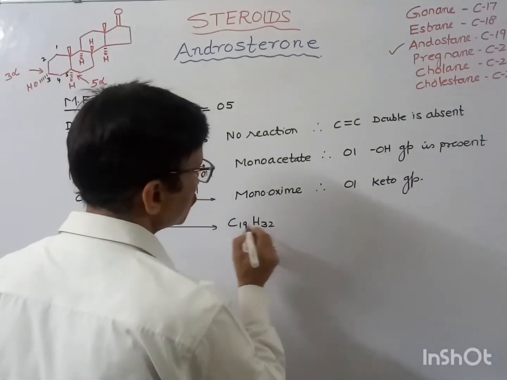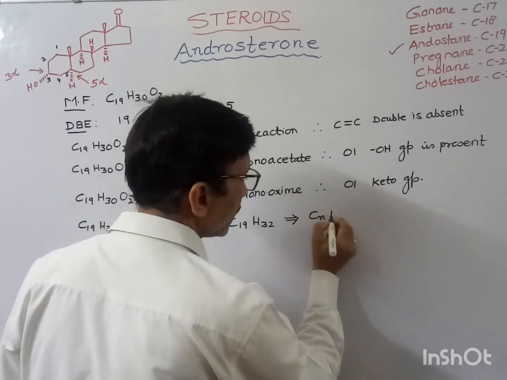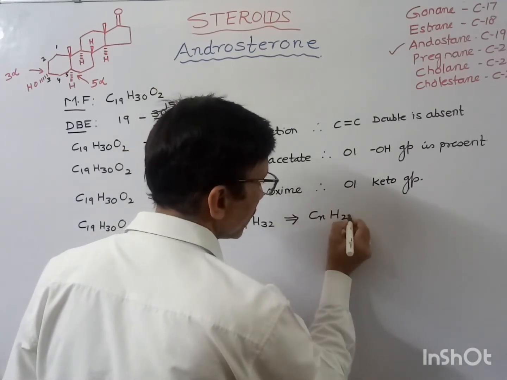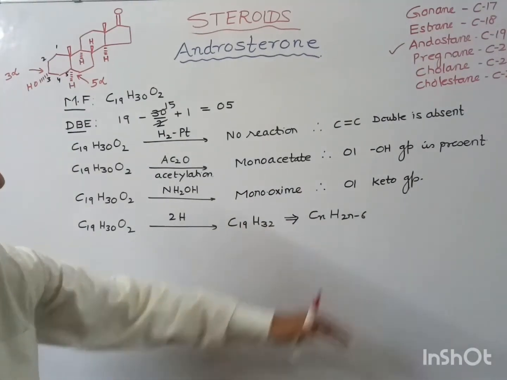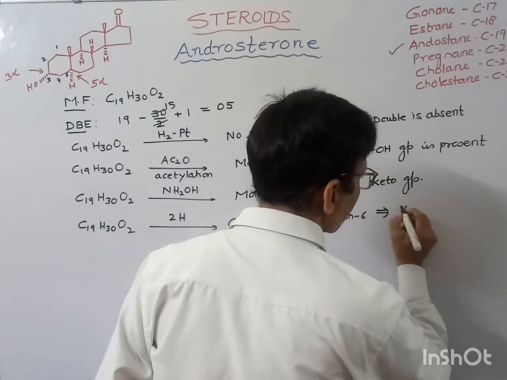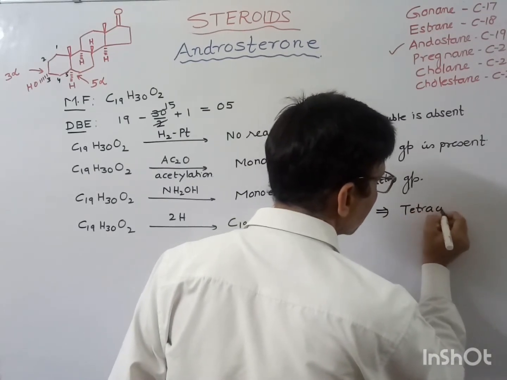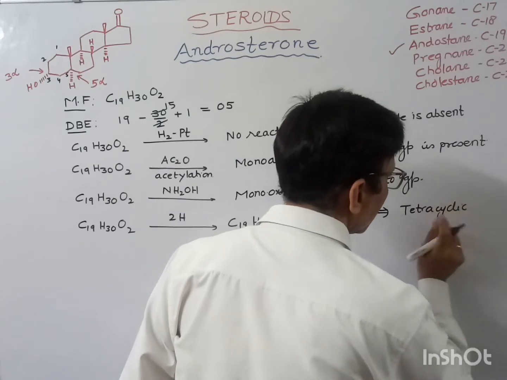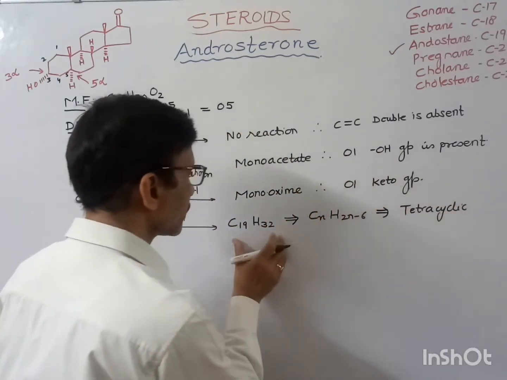So this corresponds to the general formula CnH2n minus 6. This CnH2n minus 6 corresponds to the tetracyclic nature of this compound, or 4 rings.